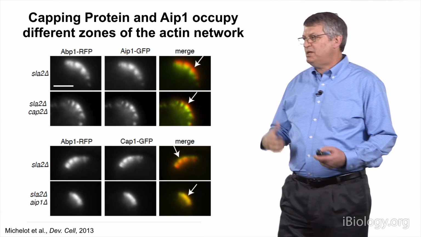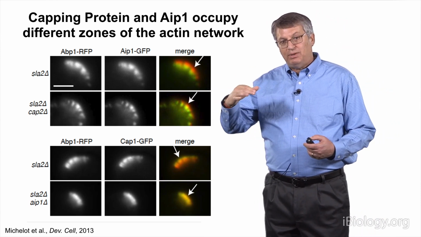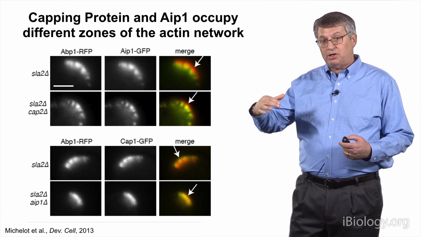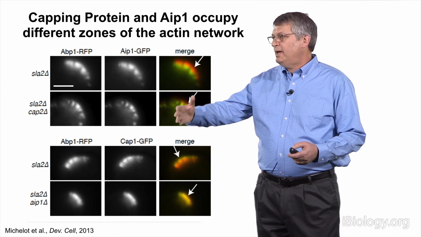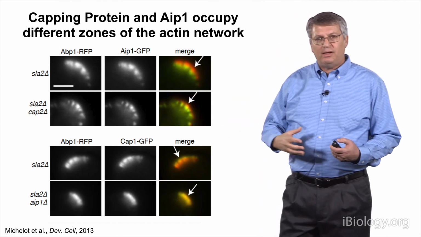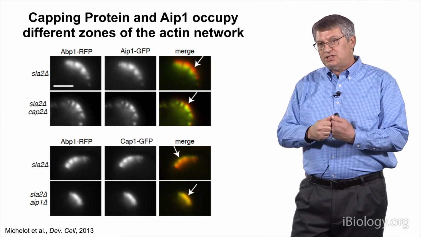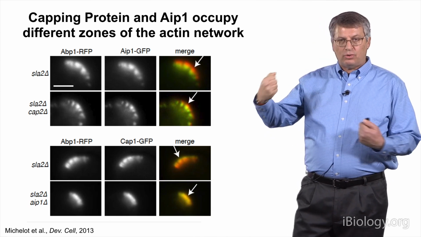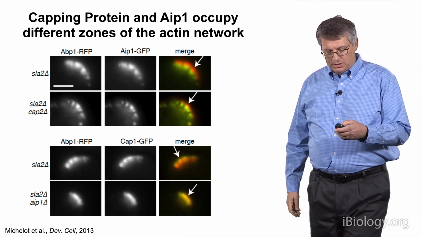And this made sense because the capping protein was capping filaments shortly after they were assembling, and AIP1 was working with cofilin to cap filaments after they were severed to prevent them from annealing or nucleating the assembly of new filaments.